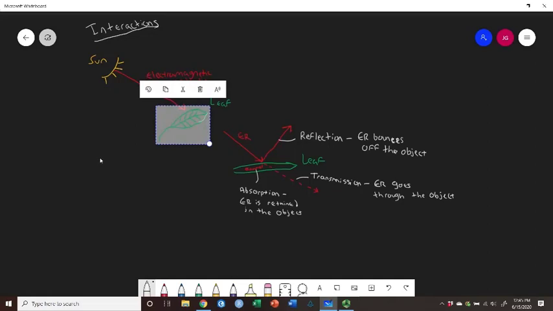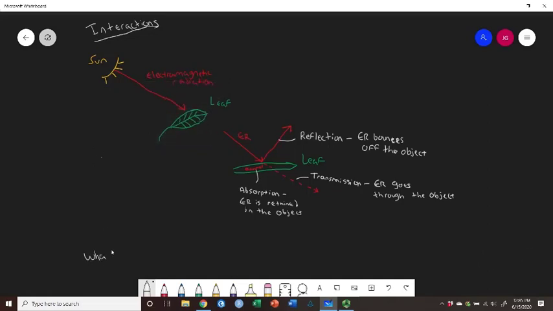All right, so what we're going to do now is answer the question: what does a remote sensor actually measure? Actually, let me improve my handwriting there.